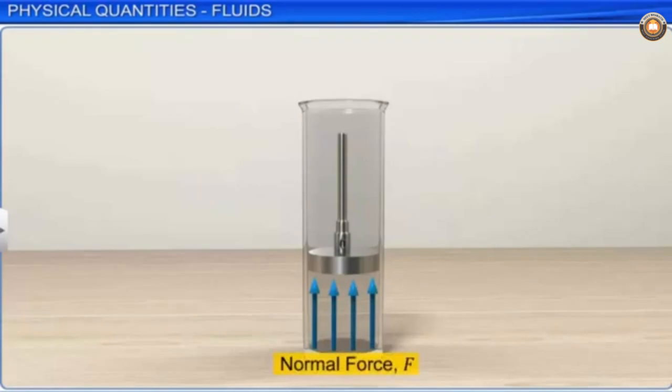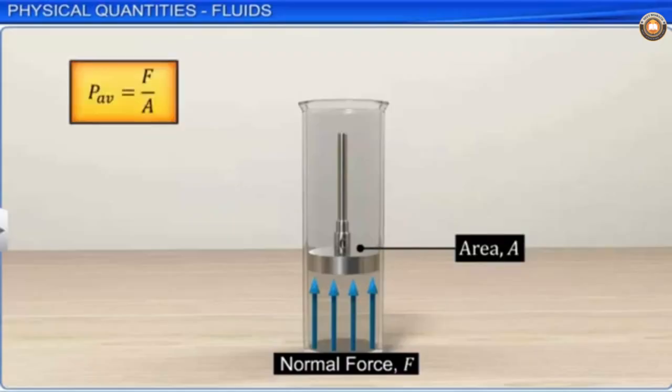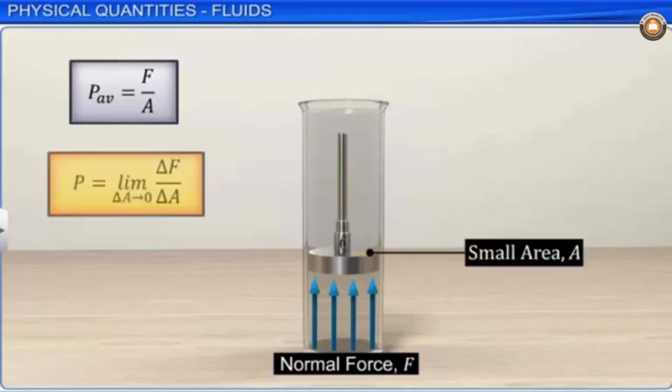In the limiting case, that is, if a small area of the piston is considered, then the pressure is represented as P equals delta F by delta A as delta A approaches 0. The magnitude of pressure does not change with direction. Hence, pressure is a scalar quantity.